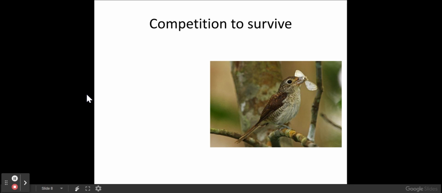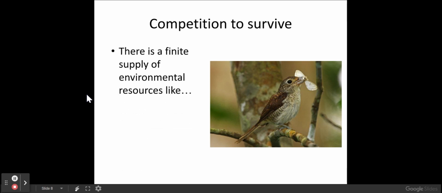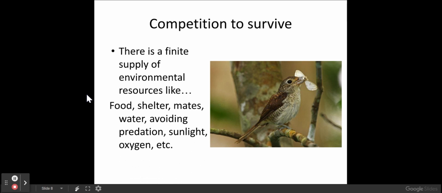Okay, so you make a lot of babies. They're all a little bit different. They have variation. Then there's going to be some sort of competition to survive, right? There's some supply in the environment that's limited. You can think of food might be limited, shelter, mates, water, maybe not getting food, but trying to avoid being food, sunlight.